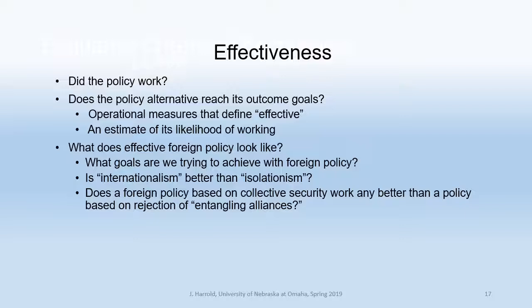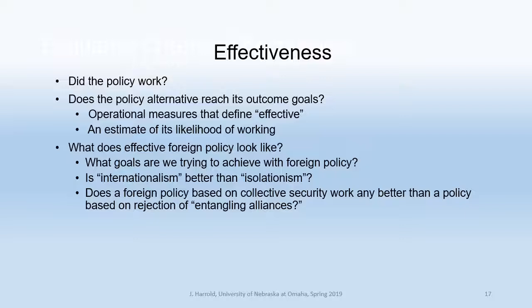So what are these things? The first one in that table, in figure, I should say, 6.1, is effectiveness. Effectiveness is simple, right? Effectiveness says, did the policy work? Right? Did the policy work? Did it achieve its outcome goals?